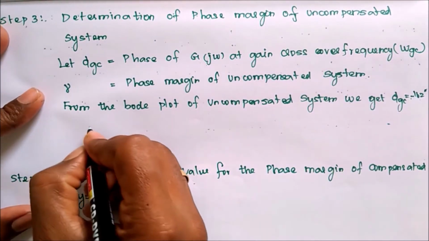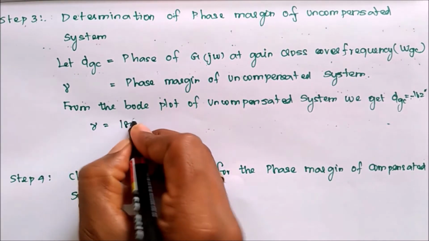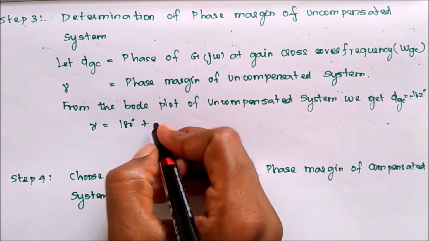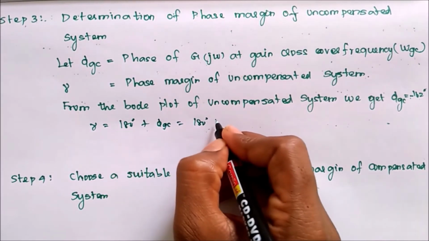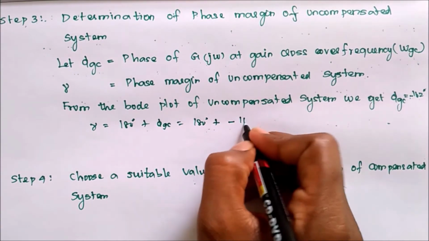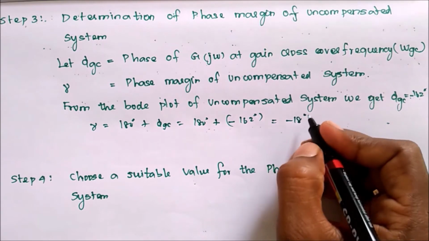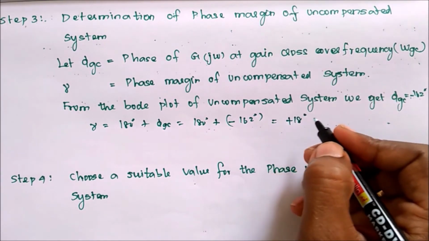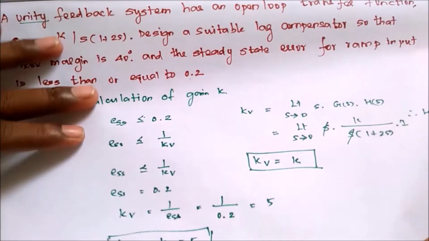To calculate the phase margin, the formula is gamma equal to 180 degree plus phi gc, which is 180 plus minus 162, equal to plus 18 degree. According to the given problem, the phase margin should be 40 degree.